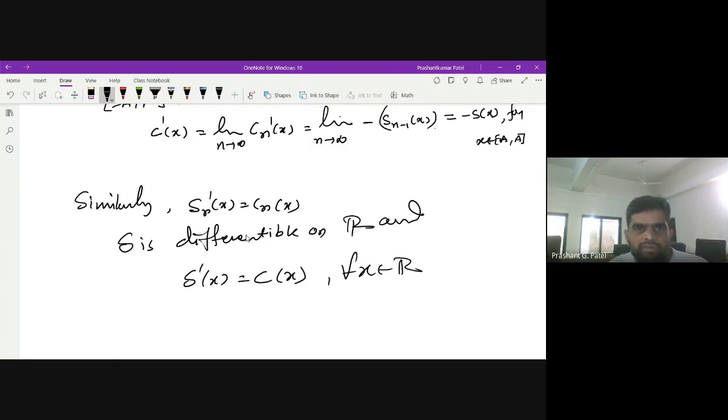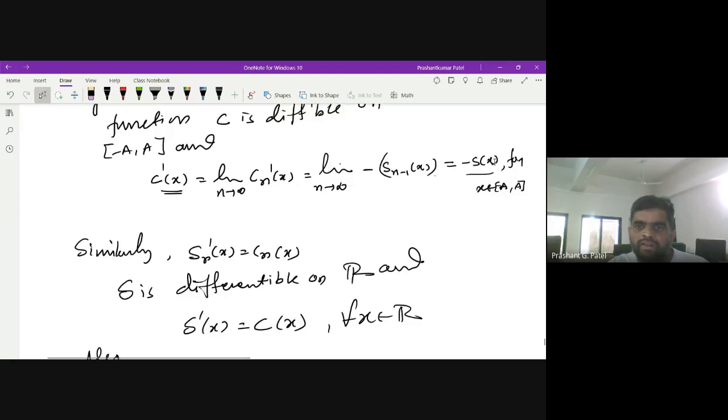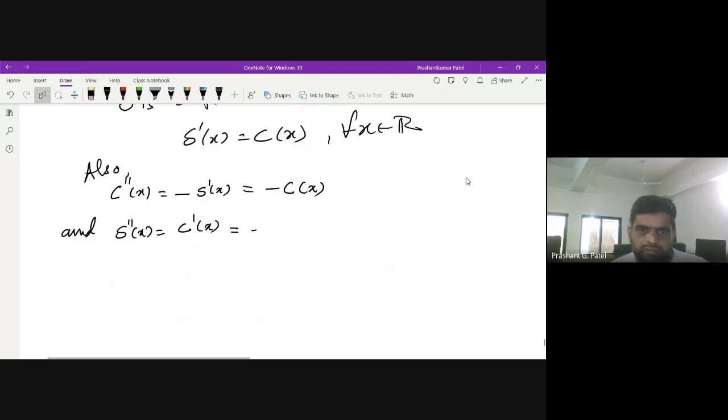And now we have C dash of x is minus S of x and S dash of x is C of x. Again doing the differentiation, C double dash of x gives you minus of S dash of x, but S dash of x is C of x, so C double dash is minus C. And S double dash of x is C dash of x, but C dash of x we have proved is minus S, so it is minus S of x, and this is true for every x belonging to R. And what is C dash at 0?